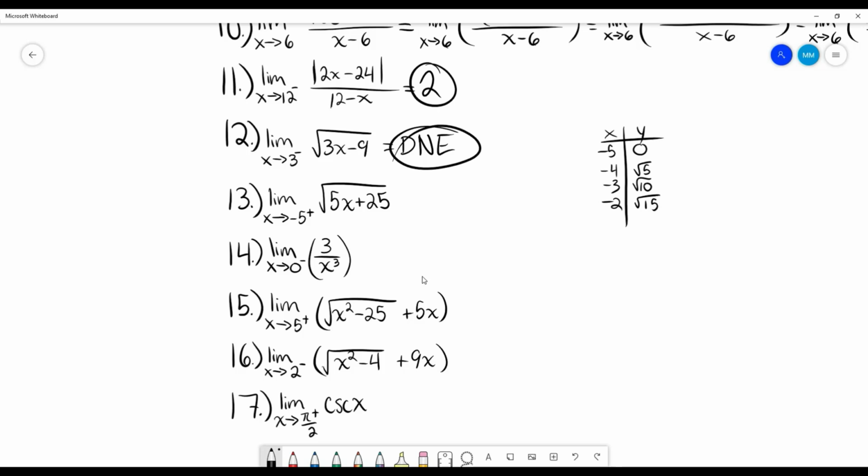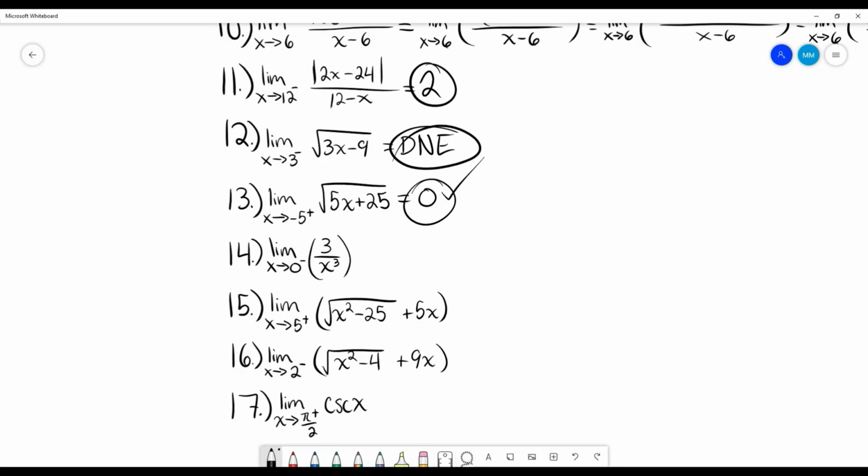And I know, obviously, looking at this, that my square root of 15 is bigger than square root of 10, and that that's even bigger than square root of 5, and that all of these are bigger than 0. And so we're decreasing as we get closer and closer to x equals negative 5. It's all approaching 0. So we can happily say that our limit is 0.